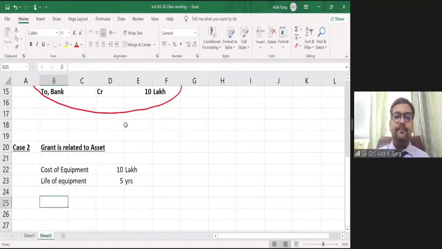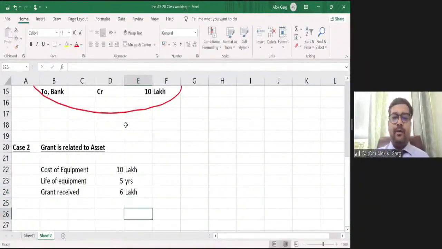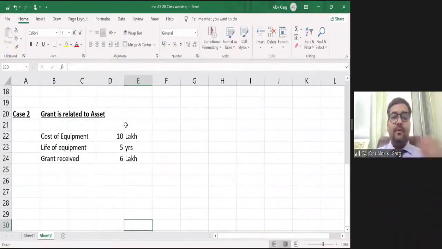Grant received, let's say 6 lakh. Okay friends, so grant received 6 lakh.